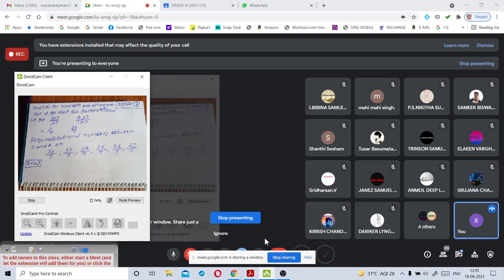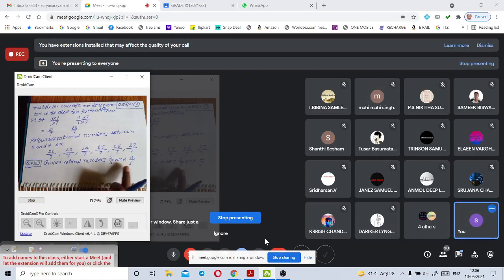So first of all, I'm writing given rational numbers. What are the given rational numbers? 3 by 5 and 4 by 5. Are you able to watch the screen clearly? Yes, sir.